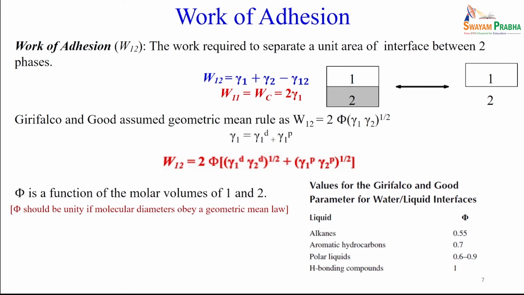And in the case of cohesion, where both are 1, the work of cohesion will be twice the surface energy. So, this is adhesion and this is cohesion.